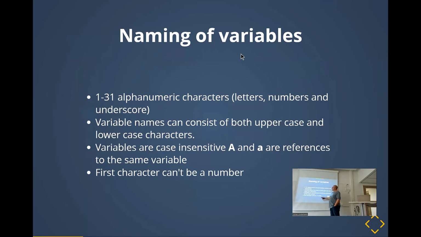You can have both uppercase and lowercase characters. But important is that variables are case insensitive. So A and small a are equivalent, they refer to the same variable. Python is case sensitive. Fortran is case insensitive. And also the first character can't be a number.